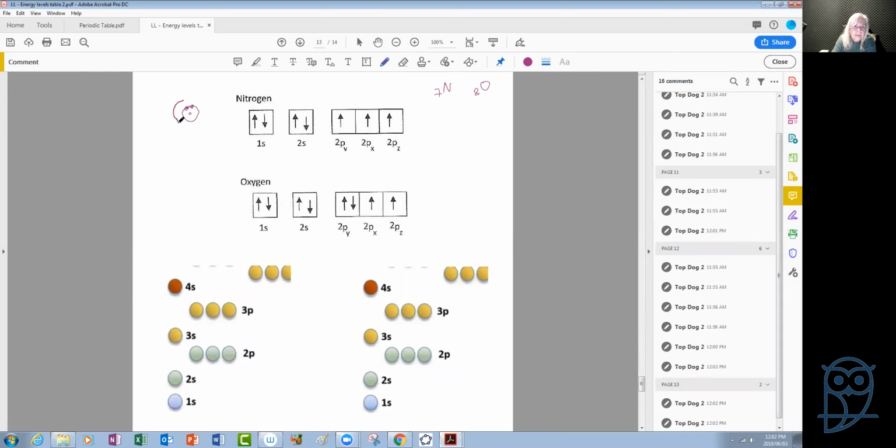Then in the second energy level, it will have 2, 4, 5, isn't it? It's 7 electrons together. Okay, this is for nitrogen.